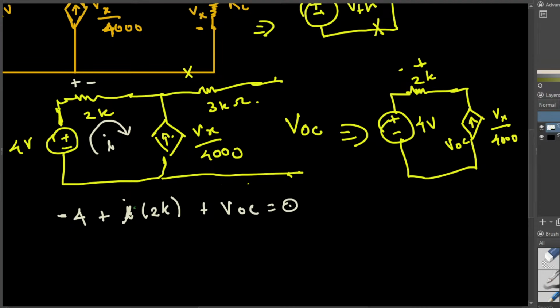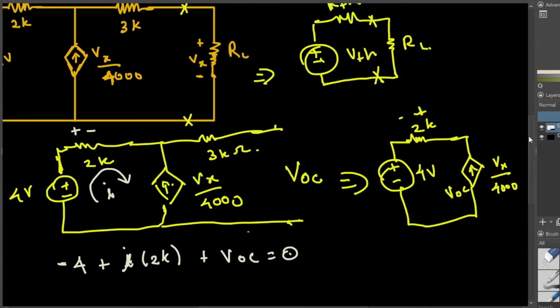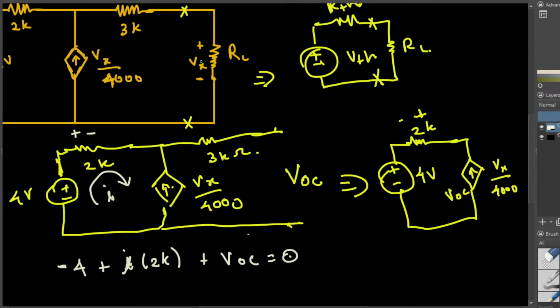Because if you look at this diagram, this is Vx, right? This is the open circuit voltage, VOC. This is the voltage we are interested in, and that's going to be the same voltage here. So this Vx is actually the VOC voltage.